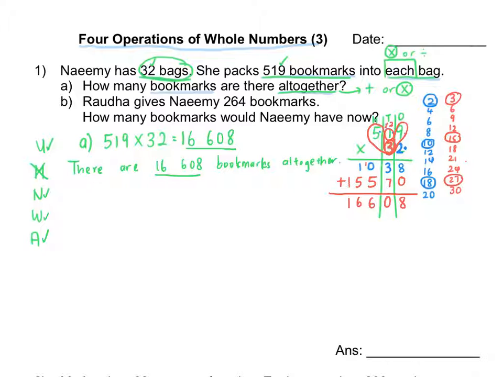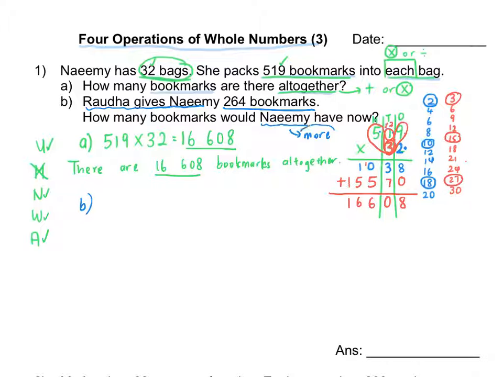Rauda gives Naimi 264 bookmarks. How many bookmarks would Naimi have now? So think carefully. Would Naimi have more or fewer bookmarks now? Naimi would have more because she receives from Rauda.